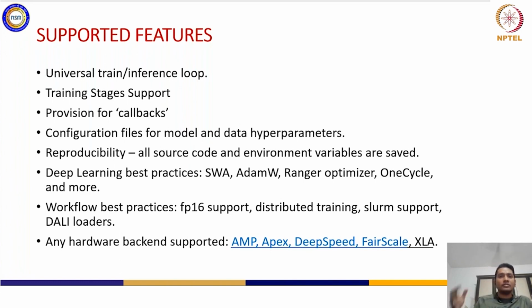Also, in addition, you will have support for mixed precision that I was mentioning, that FP16 support, distributed training support, Slurm support, and DALI loaders. The NVIDIA DALI loader that you have seen, that support is also available inside this Catalyst framework.